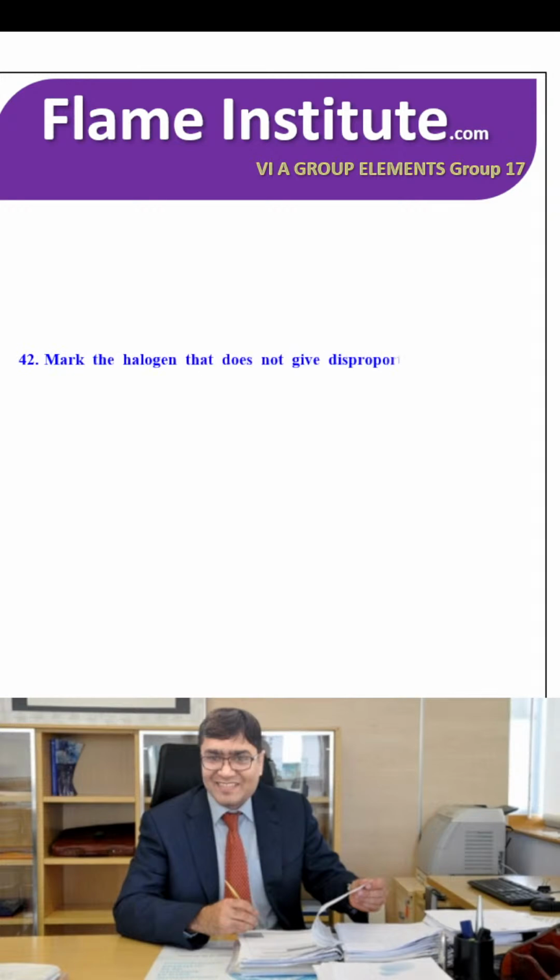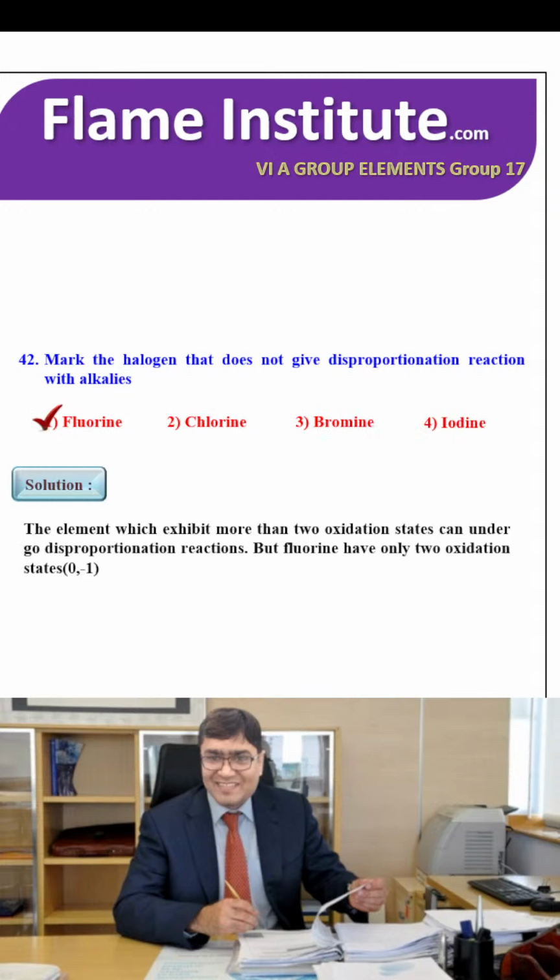Mark the halogen that does not undergo a disproportionation reaction with alkalis: fluorine, chlorine, bromine, or iodine. The right option is: an element which exhibits more than 2 oxidation states can undergo a disproportionation reaction. But fluorine has only 2 oxidation states, that is 0 and -1.